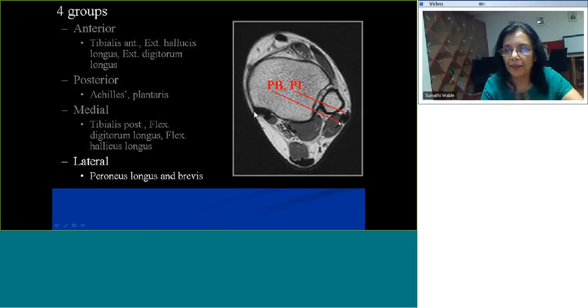The one deeper is the peroneus brevis, and the posterior consists of the Achilles and the plantaris portion. Basically, you see it as one tendon here. And again, in the medial aspect, you see the neurovascular bundle, which is in that region of the tarsal tunnel.